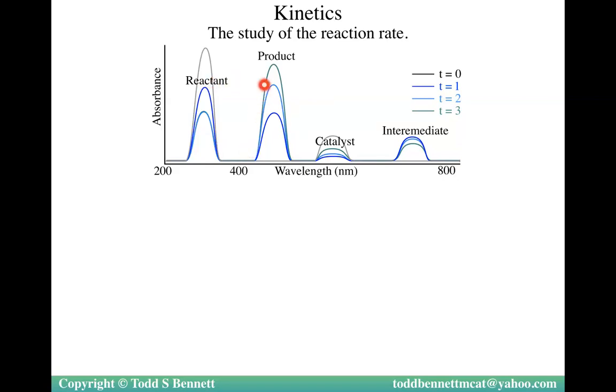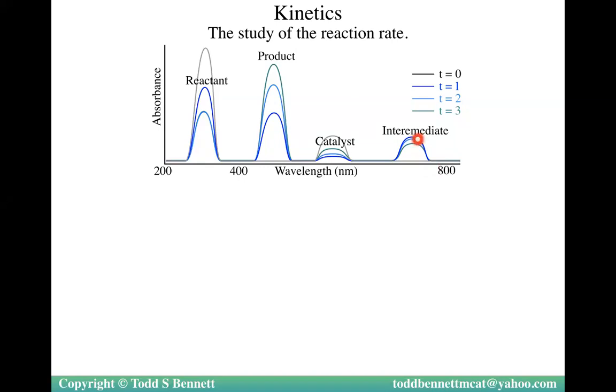This one continues to go up, so it's definitely a product. But what happens now is this catalyst was there in the beginning, then it diminished to hardly anything, and then it started to grow back in. The intermediate wasn't there in the beginning, but it appears and stays high for a while, but then it starts to disappear.